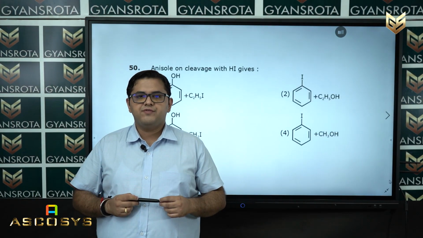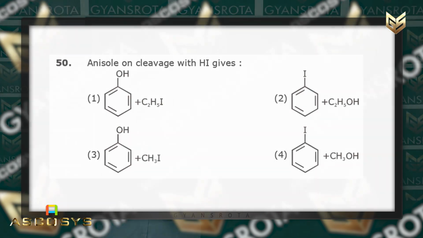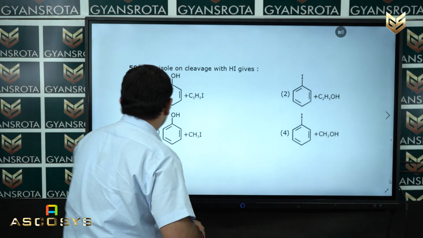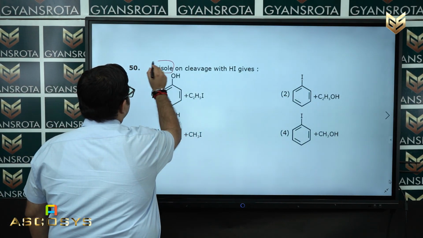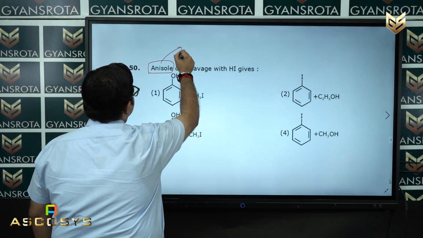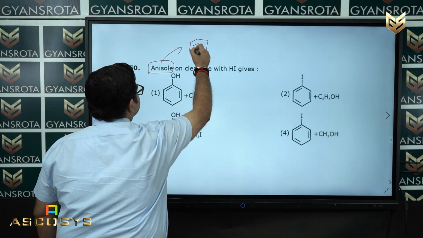So, question number 50 is on your screen. Anisole on cleavage with hydrogen iodide gives. So, now we are moving to the solution part. So, if you see, first you have to see the structure of anisole. So, the structure of anisole looks like this.